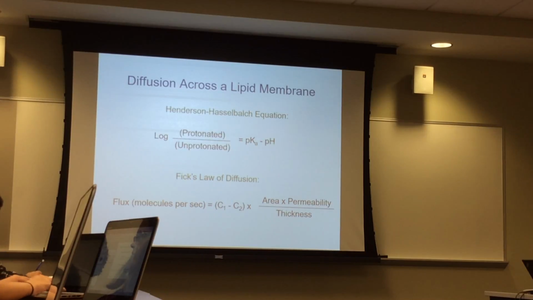For an acid, if it's protonated, will that be charged or not charged? Will it be ionized or not ionized? Okay. This is an acid here, protonated. So for an acid, protonated means ionized, which means it cannot cross the membranes.